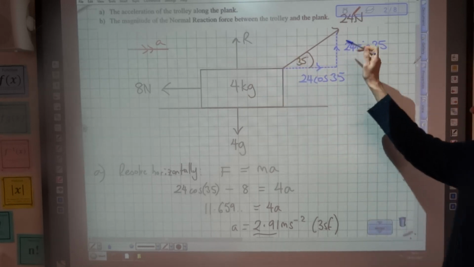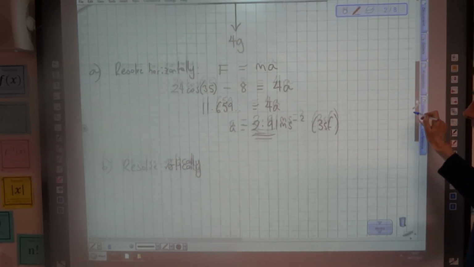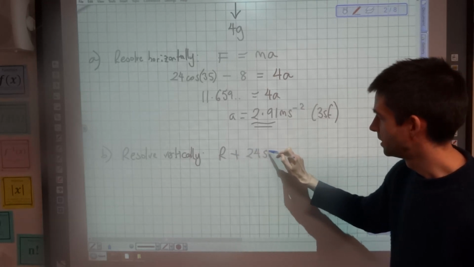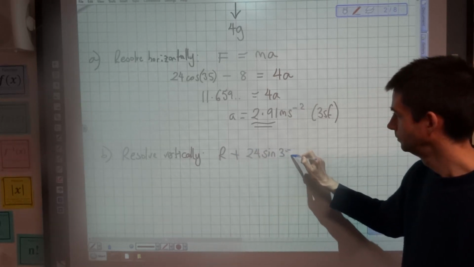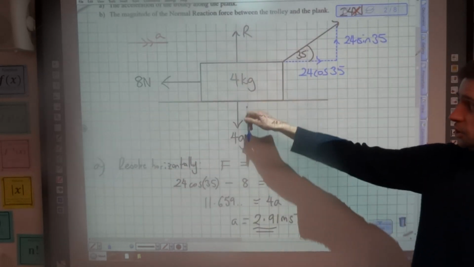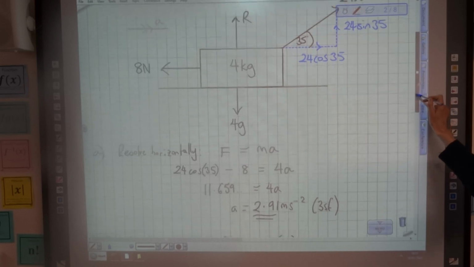The total force up is R, my normal reaction force, plus 24 sine 35, which is equal to the force acting down, which is just the weight, 4g.